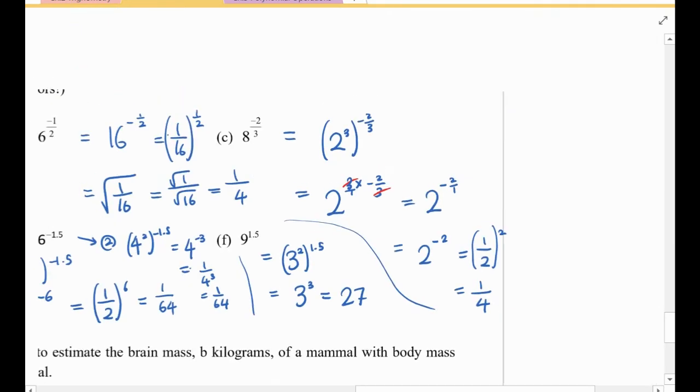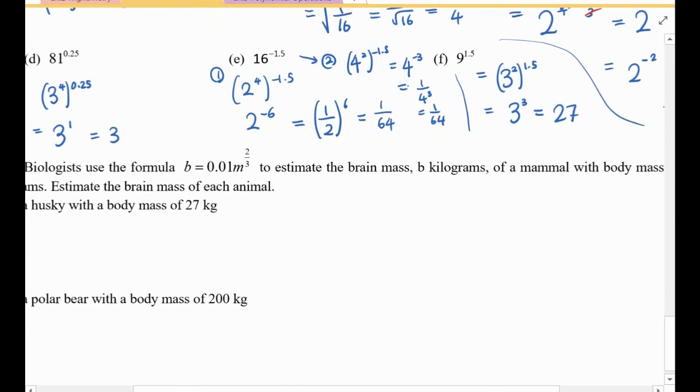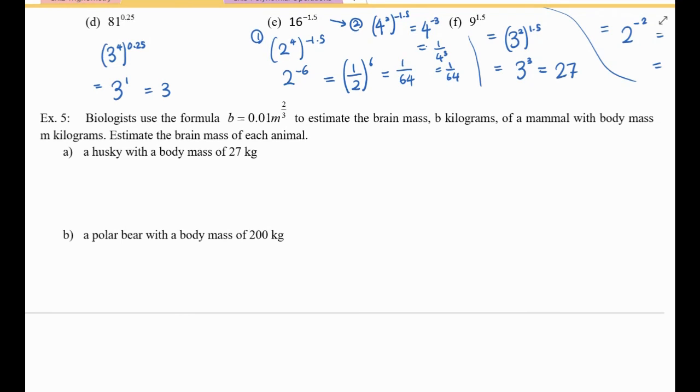Okay, let's move to the next question. Example 5. So there's a formula to estimate the brain mass, B kilogram. So B is the brain mass and M is the body mass, right? So we are going to estimate the brain mass of each animal.